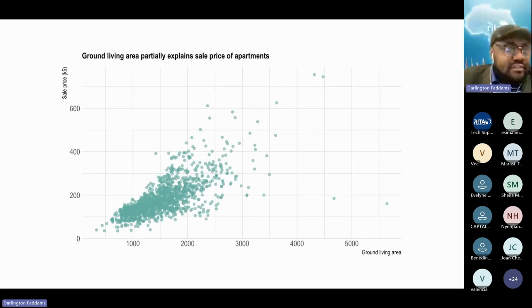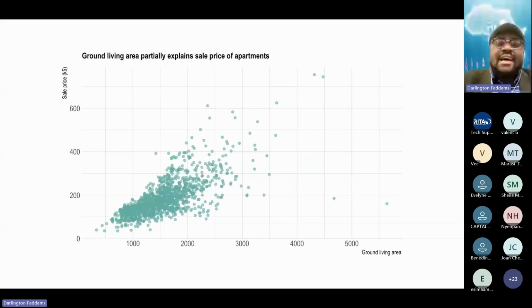This is another type of chart. So if you know this chart, let me see in the chat. All right. So I can see a lot of answers in the chat, and most of you got it right. This is called a scatter chart, or a scatter plot, or an XY scatter chart.